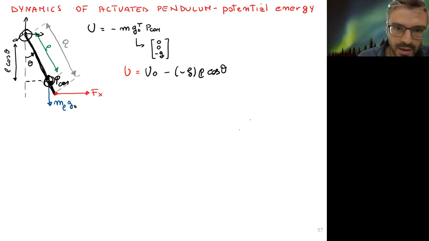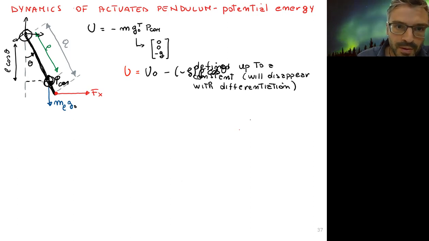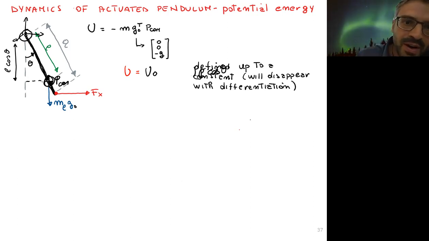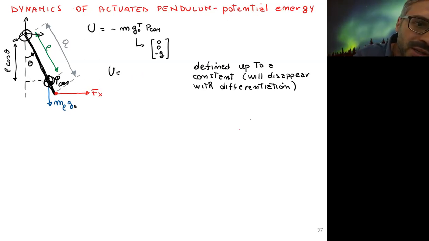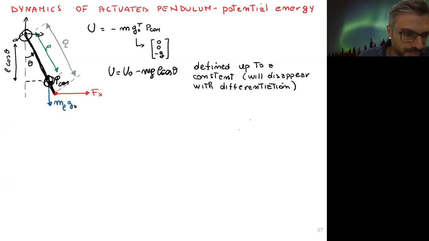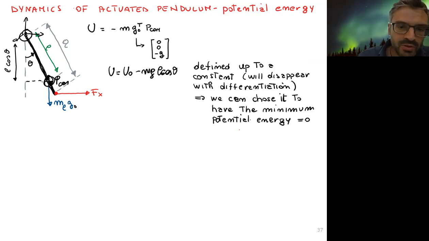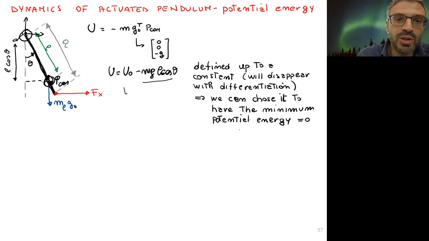And this is defined up to a constant that we will see will disappear with the differentiation. And we can choose this constant to have the minimum potential energy at 0, which means that the minimum potential energy will be whenever theta is 0, so we can choose U0 as mgL.